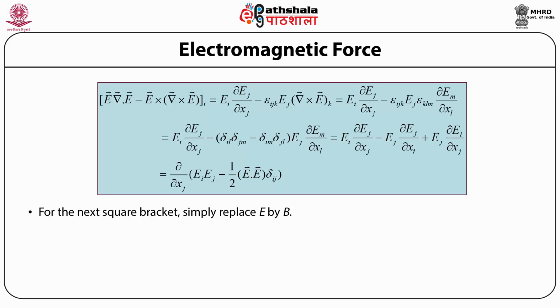And then this equation can further be reduced in the tensorial notation as given by the partial differentiation with respect to the jth component of the position x subscript j of bracket open ith component of the electric field times jth component of the electric field minus half the dot or scalar product of the electric field with itself times delta subscript i j.